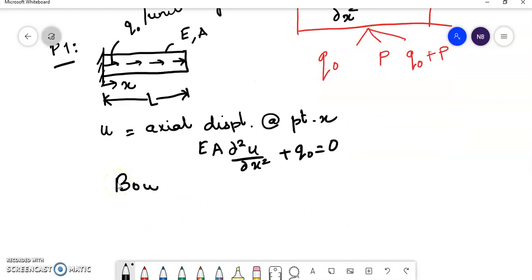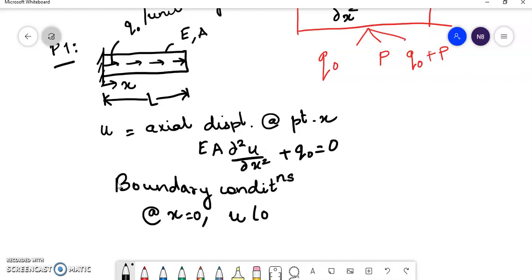Applying the boundary conditions, since the left hand side is fixed, we know that at x equals 0, the displacement at 0 will be 0.